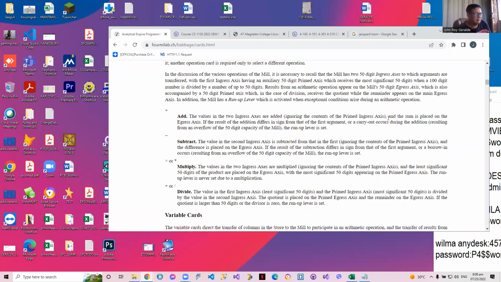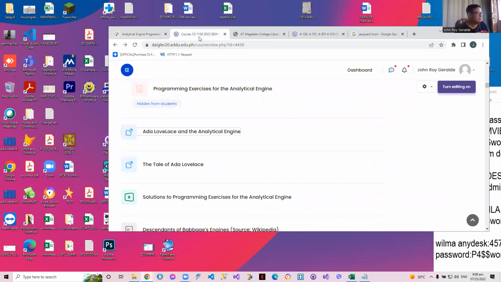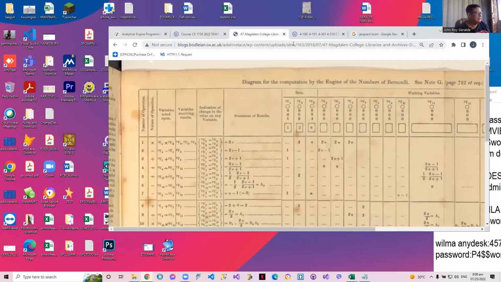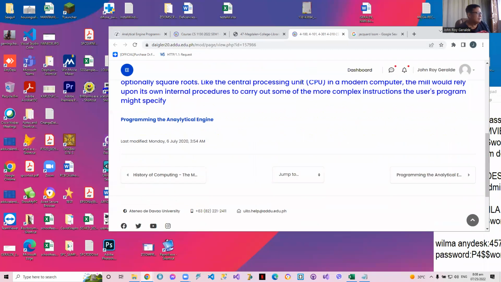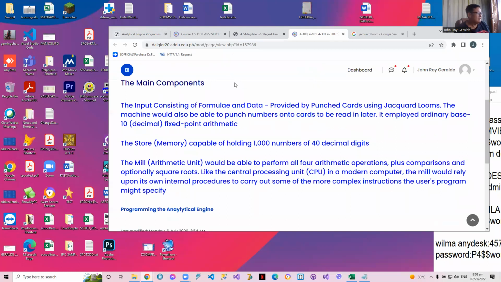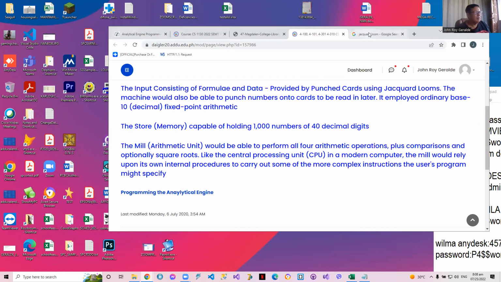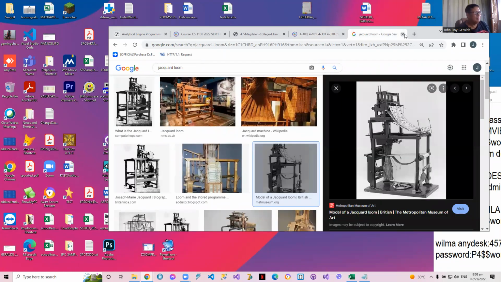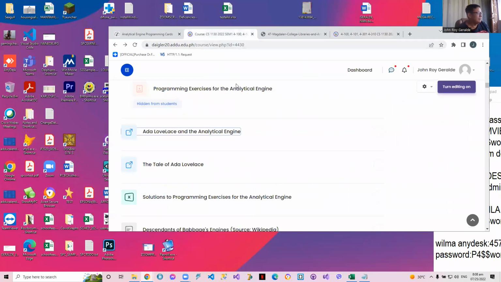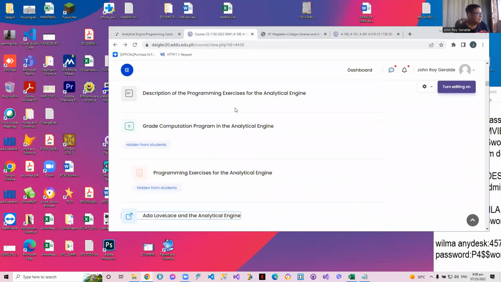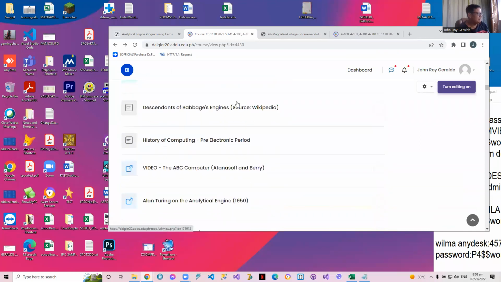The ingress and egress axis. Anyway, let's see, something is missing. We haven't described the analytical engine yet, the mill. Let me look for it, the design of the analytical engine.